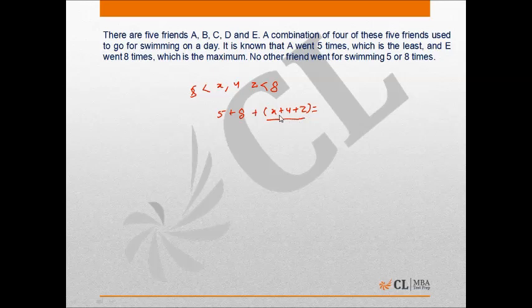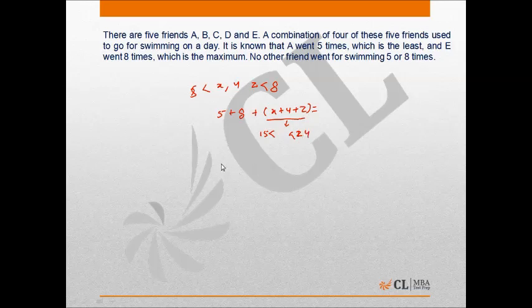As each of these quantities in this sum, that is x, y, z, is more than 5 and less than 8, the value of x plus y plus z has to be more than 15 and less than 24.